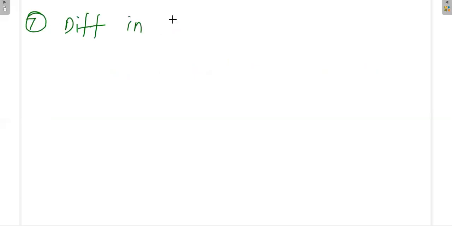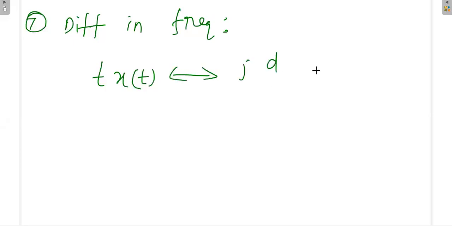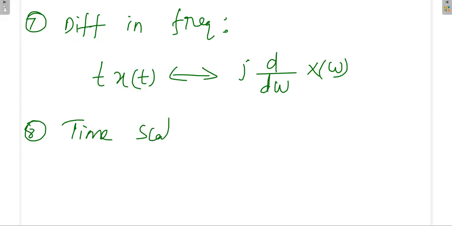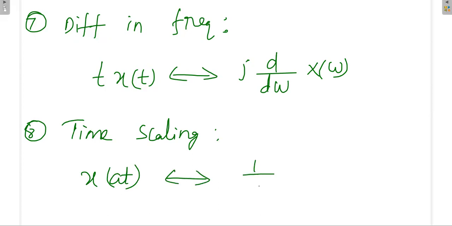Differentiation in frequency: t times x of t Fourier transform pair j d by d omega X of omega. Time scaling: x of at Fourier transform pair 1 by mod a X of omega by a.